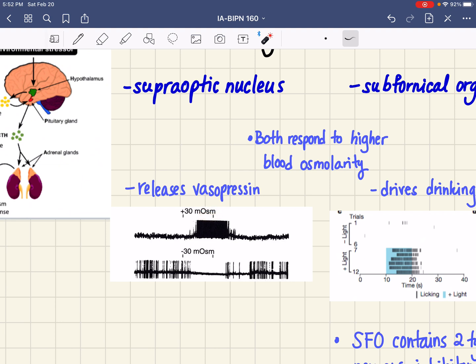So when we have increased osmolarity, these neurons release a lot of the water that they have inside of them, because they have intracellular fluid. Some of the water comes out into the environment of that neuron because they're trying to decrease the osmolarity of their environment. And by doing so, they shrink.